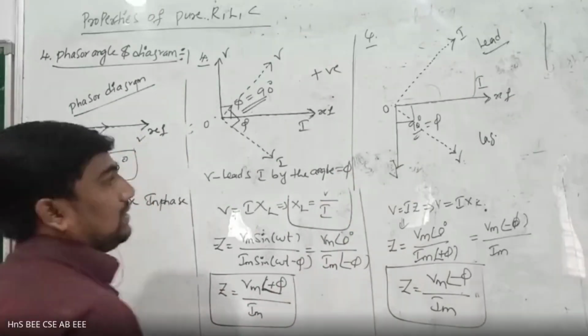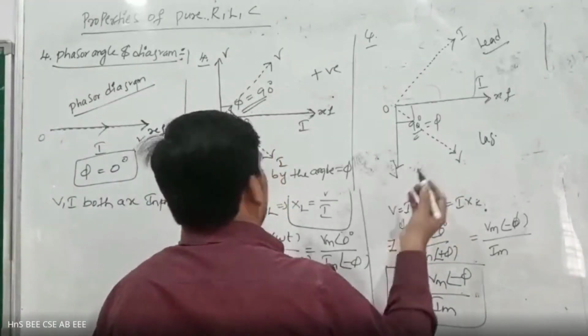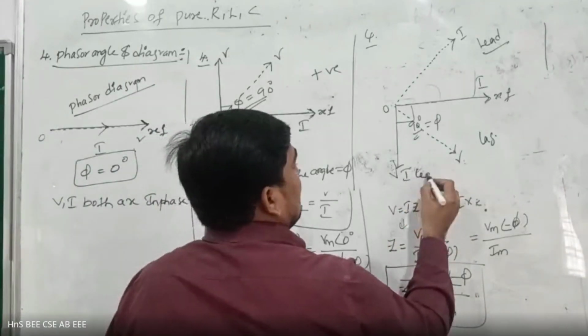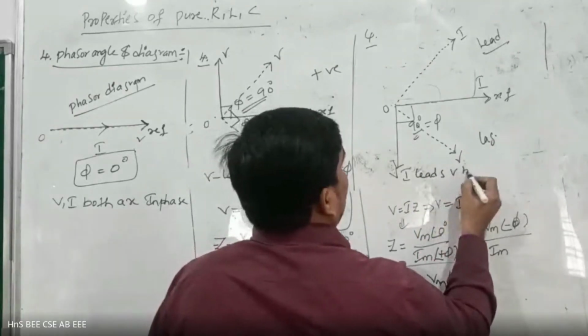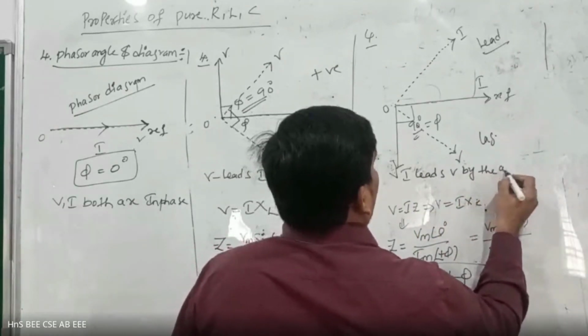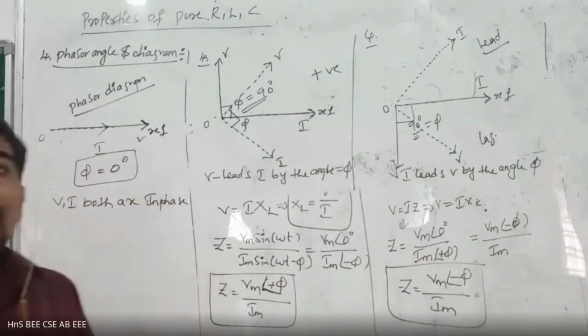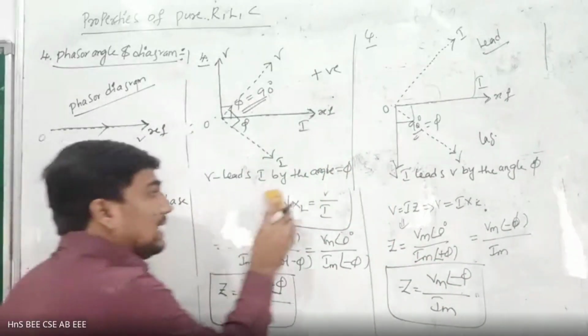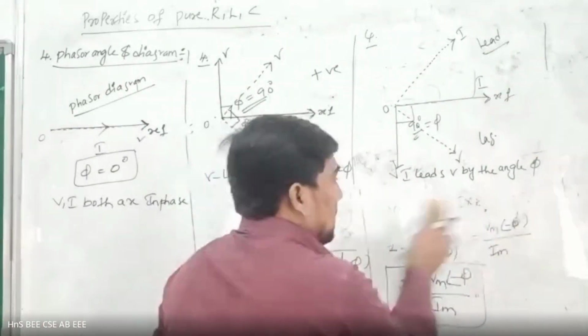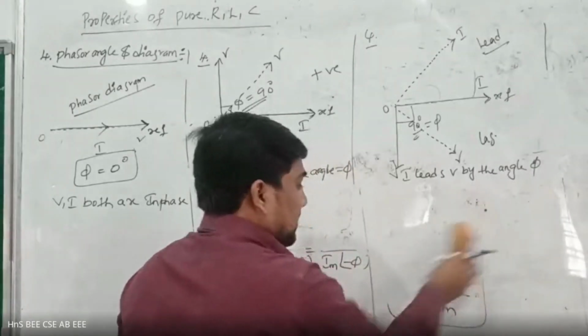In our pure capacitor, the current leads voltage by the angle of pi. Leading means positive, lagging means negative.